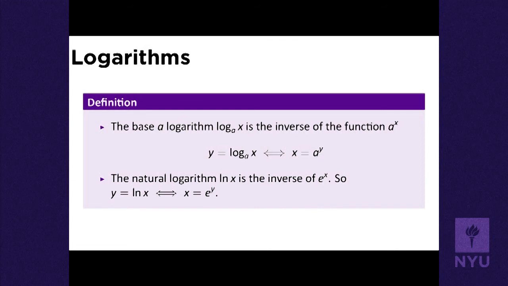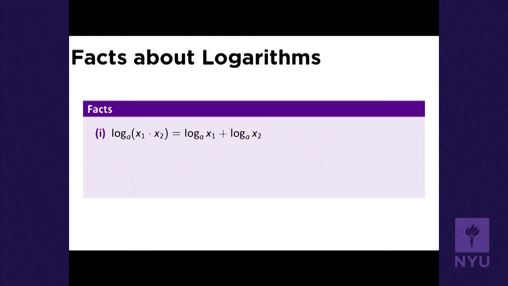Now, the thing that was so special about exponential functions was that they were constructed in a way that they would convert sums into products. e to the power x plus y is e to the x times e to the y. And that's true for any base a. Now, the inverse property is going to be true for the logarithms.